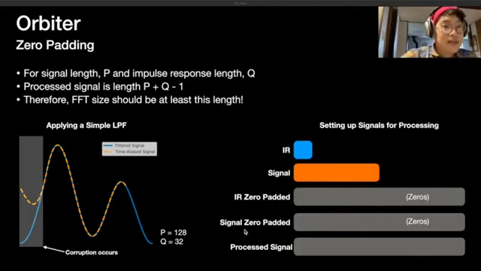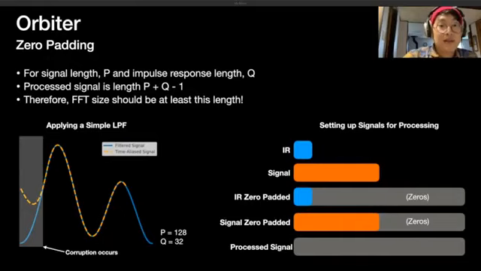And so what does the implementation actually look like? Well, we have these things called zero padded buffers. Each of these buffers would be of size 256. We would take the IR and place that into the zero padded buffer. After the 32nd sample, everything is going to be 0. And that's where the 0 in zero padded comes from.